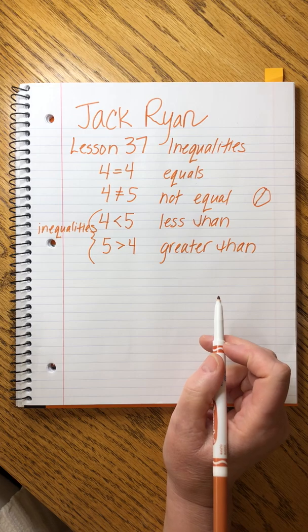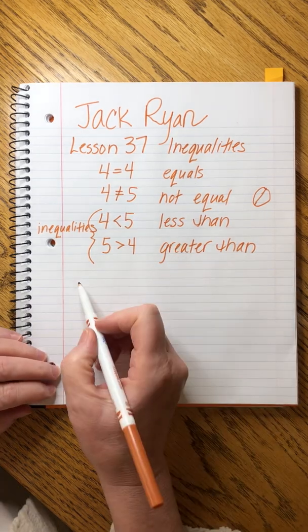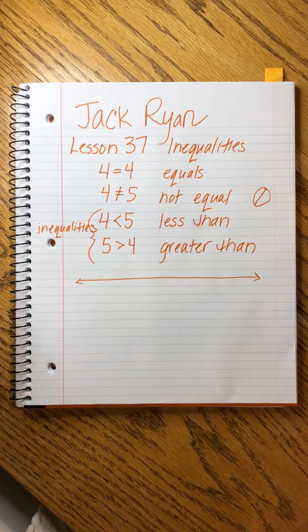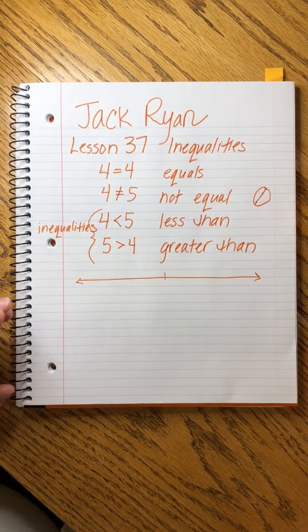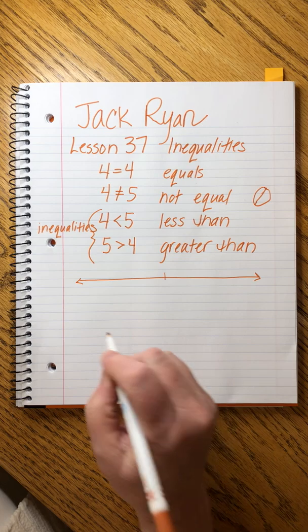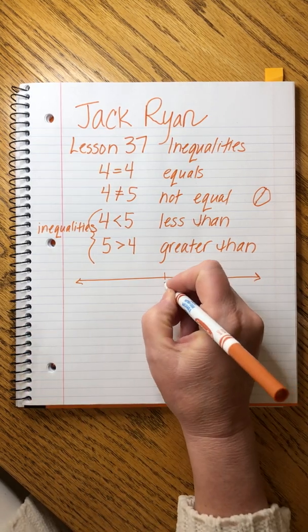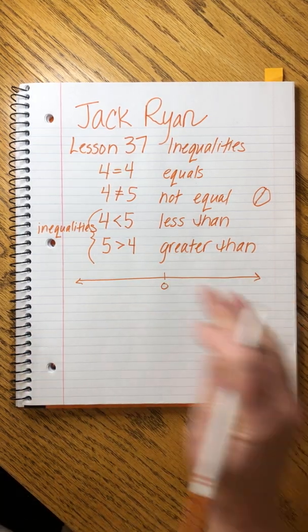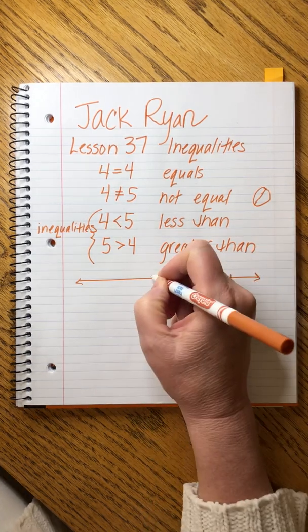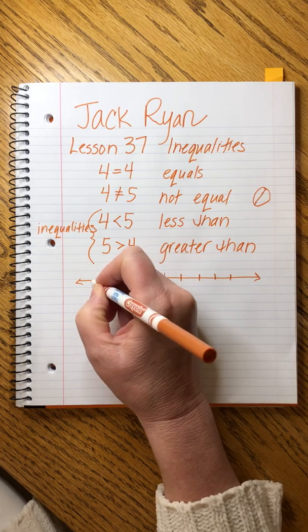We can also think about greater than and less than in the context of a number line. A number line goes to infinity, and it's the arrangement of all numbers, whole numbers, integers, the nice simple ones, but also fractions and decimals and percents can all be put on a number line. We tend to center it and look at 0, which is a fun place to look because there's symmetry in the number line here, right?